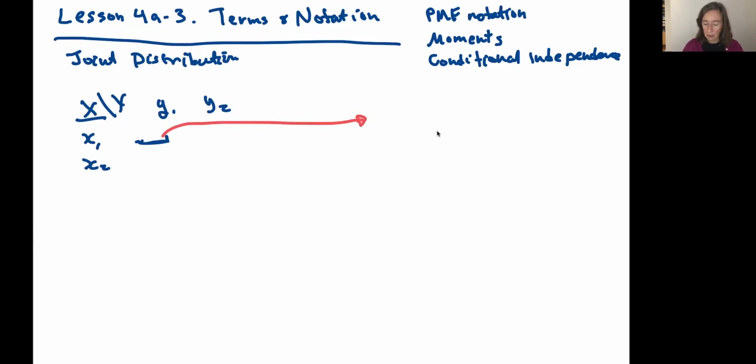What we would typically put here using our old notation would be the probability of the joint event that random variable X takes value x1 and random variable Y takes value y1.